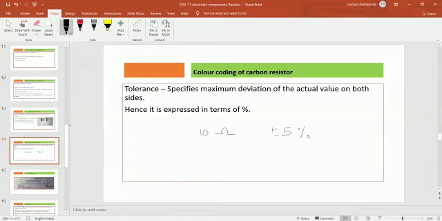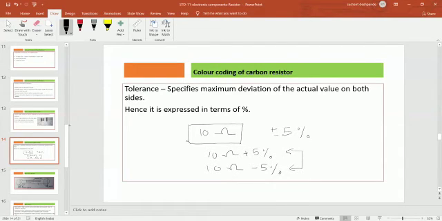It means that even if the value given is 10 ohm, when we connect this resistor in a circuit, you may get 10 ohm plus 5% or 10 ohm minus 5% as the range of values.